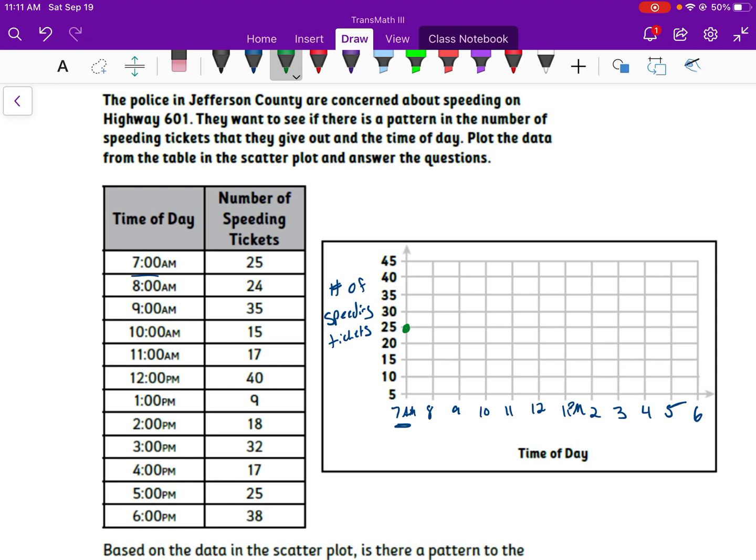So we're going to go 7 a.m., 25 tickets. 8 a.m., 24, so a little bit less than 25. 9 a.m., 35. 10 a.m., 15. 11 a.m., 17, so a little bit above there. 12, we get 40. 1, we get 9, so a little bit less than 10 there. 2, 18. 3, 32. 4, 17. 5, 25. And then 6, 38.